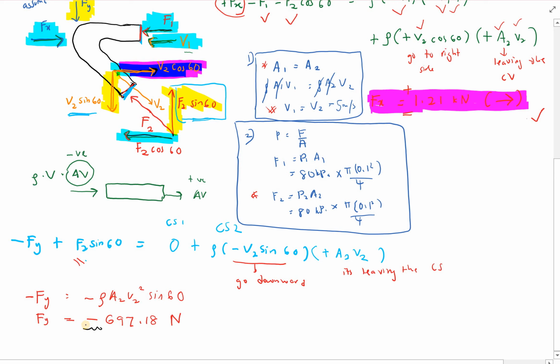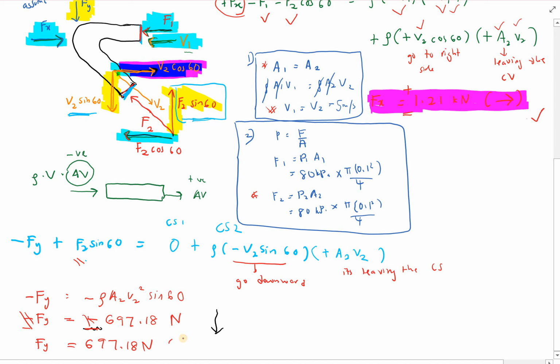Because you have assumed in the first place that your Fy is acting downward, and this negative sign can be cancelled out with this negative sign. So Fy equal to 697.1 Newton. It does not contradict your first assumption that your vertical force is acting downward.